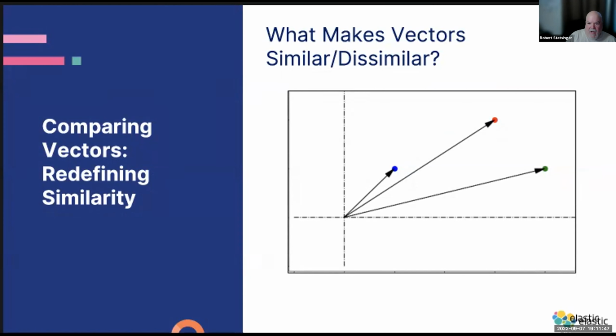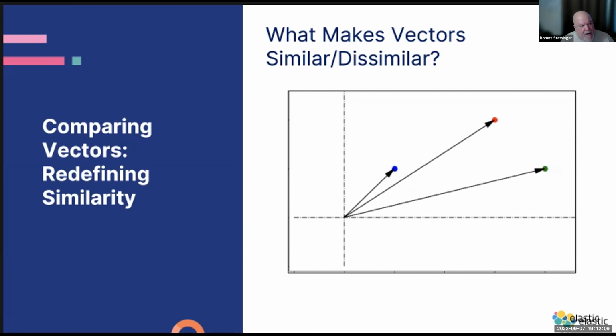So red and green, for example, are going to be nearest neighbors in this picture if we're measuring the distance between the endpoints of vectors. But blue and red are going to be more similar if we're measuring angles. So the choice of a similarity measure is a fundamental choice when creating vector search applications.